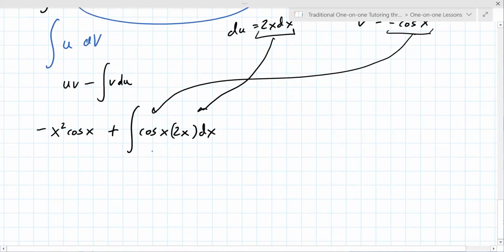Positive. So once you get here, you have to do a little bit of rewriting.